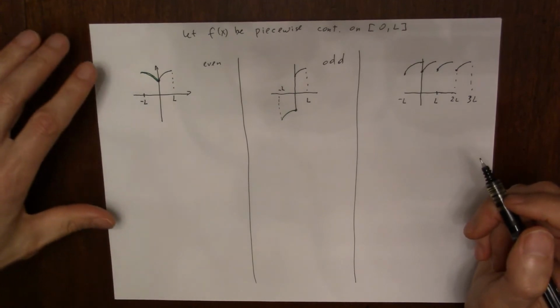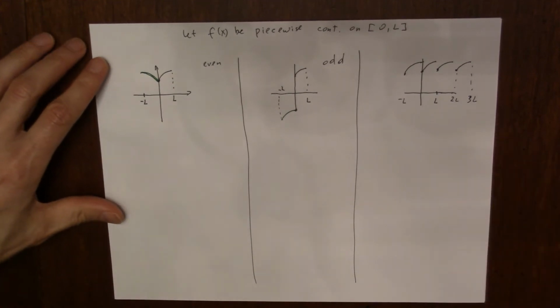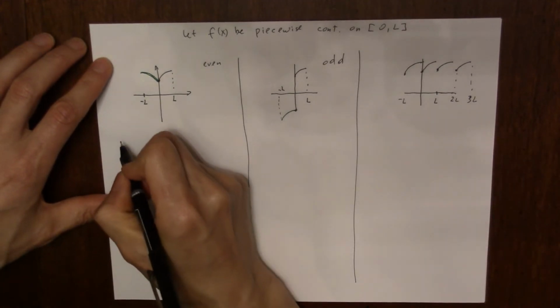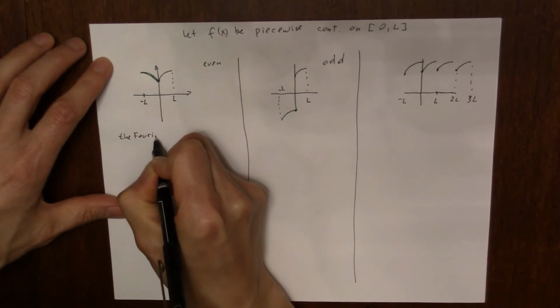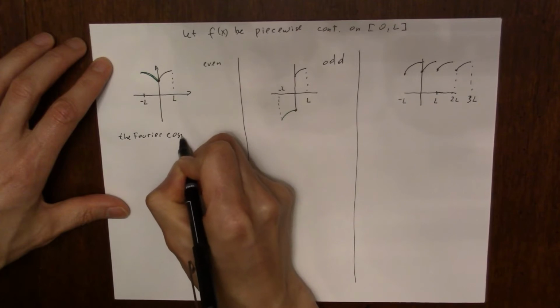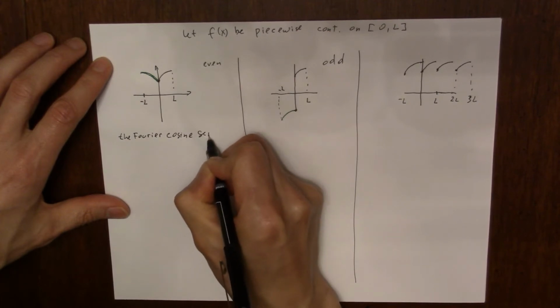Okay. Now if you want to find the Fourier series in each case, for the first case we're going to get the Fourier cosine series.